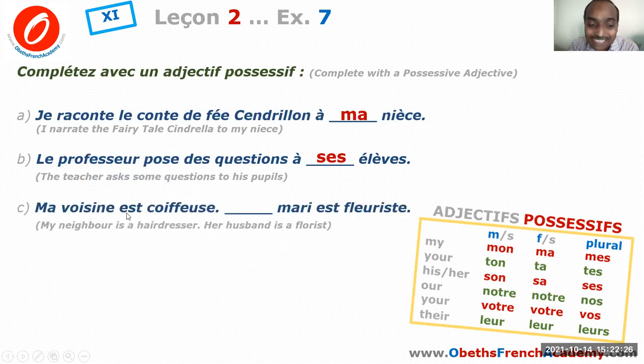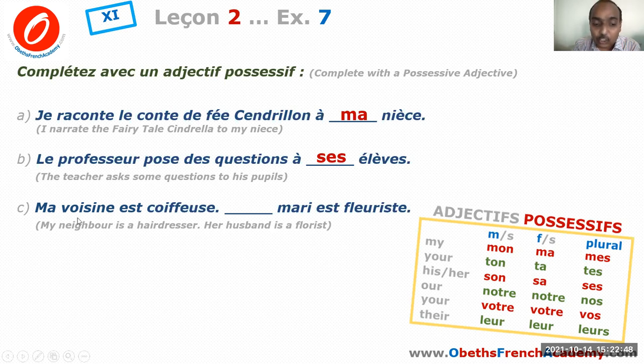Ma voisine est coiffeuse dash Marie est fleuriste. My neighbor is a hairdresser, dash husband is a florist. So you're talking about my neighbor. Neighbor ends with an E. Voisine, it's a feminine neighbor.